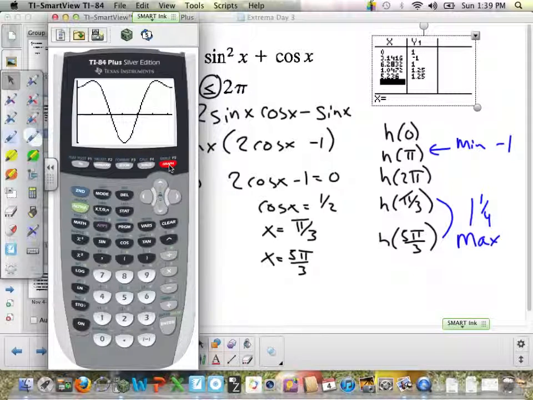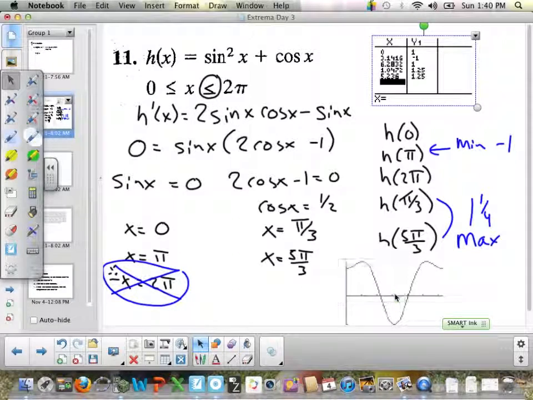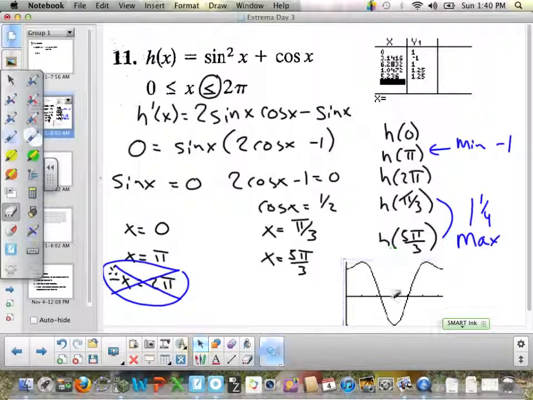And there we go. And we can see we would have an open circle here and a closed circle there because of the interval they gave us. We'll put that interval back now. All right, let's look at our next problem.